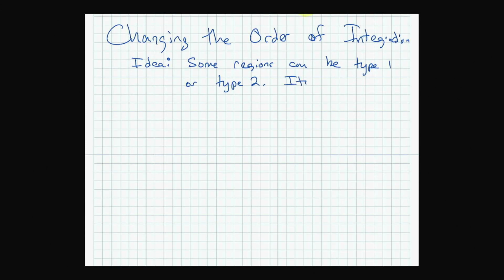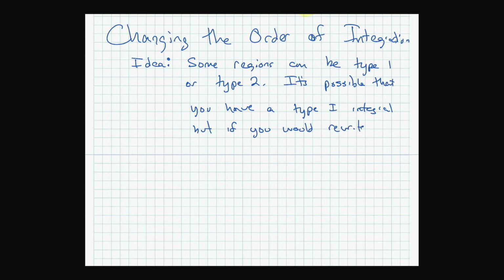So it's possible that you have an integral like a type 1 integral, for example, but if you would rewrite it as a type 2, the integral would be easier.